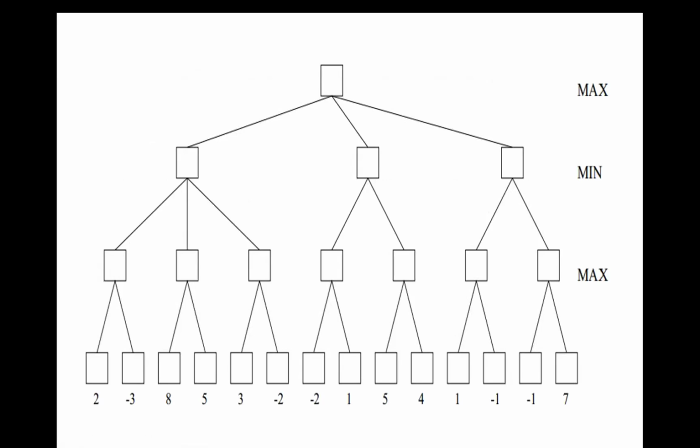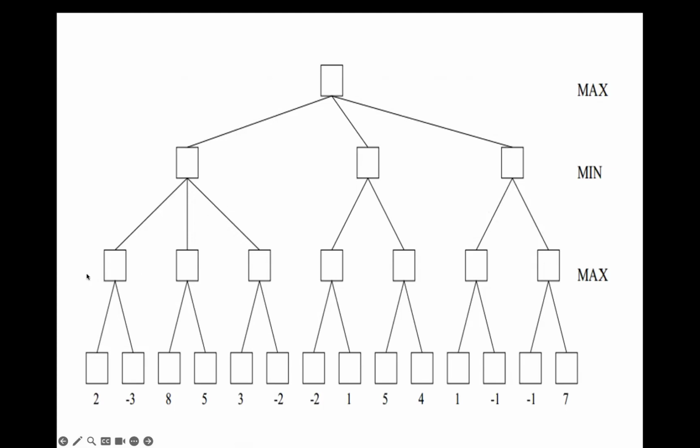So using depth first search, what we are trying to do is see what branches or what nodes we can prune from here based on their alpha and beta value.